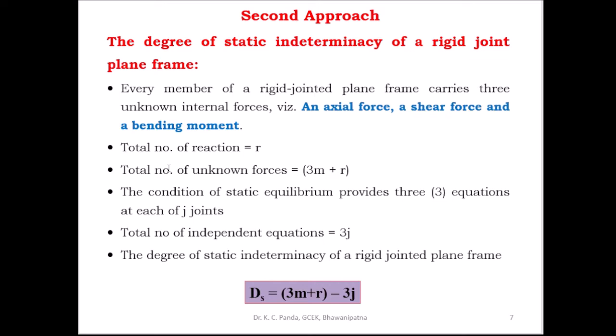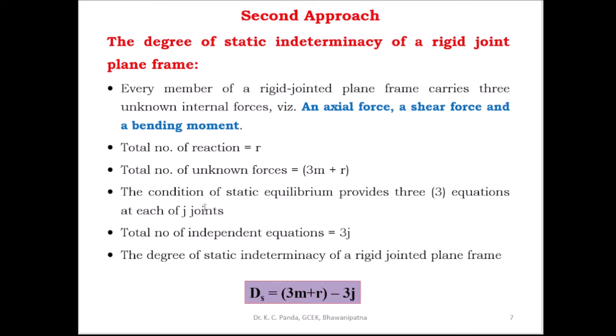And the total number of reactions is r, and at each member there are 3 internal forces. So what is the total number of unknown forces? The total number of unknown forces is equal to 3m plus r. 3m is the total number of internal forces and r is the total number of external reaction components. So the total number of unknown forces is equal to 3m plus r.